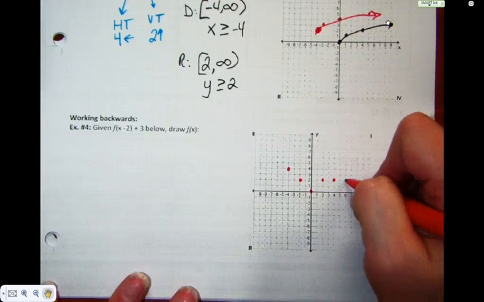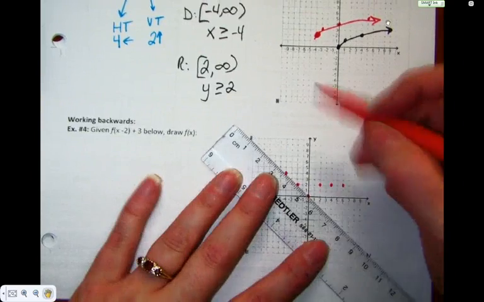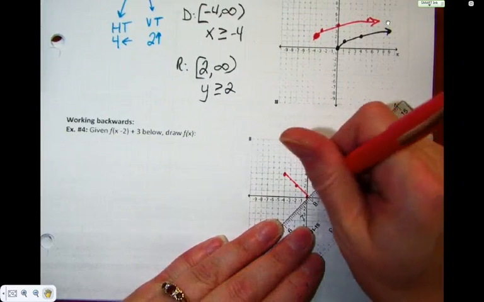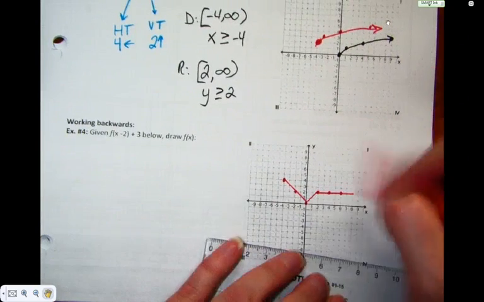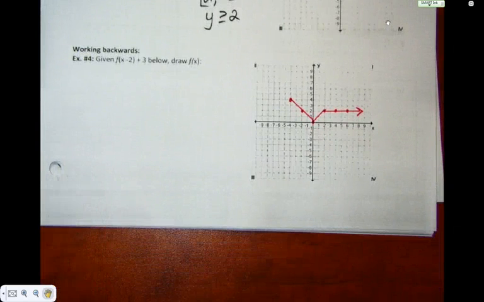And 6, 2. And I'm going to play connect the dots. So I'm literally joining them in order. Like in kindergarten, except it's not going to make a cow or a rainbow. And I put an arrow on the right. Why? Because I can.